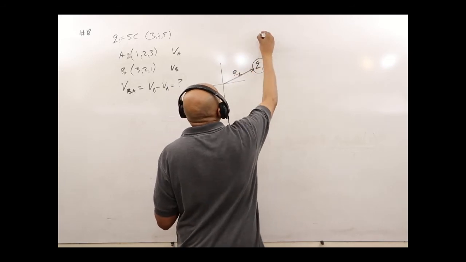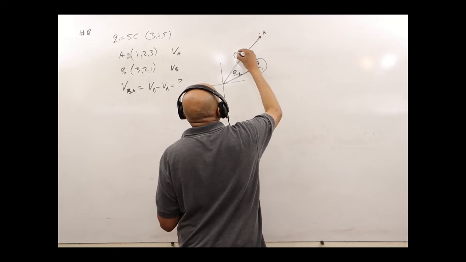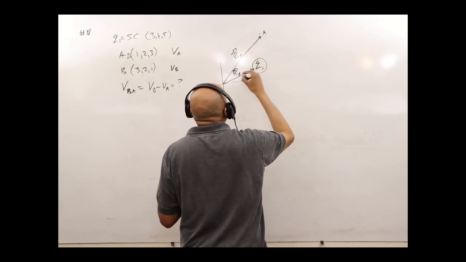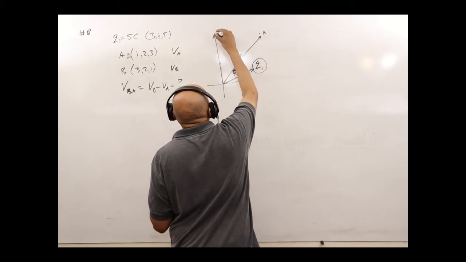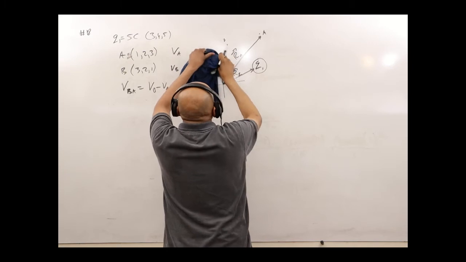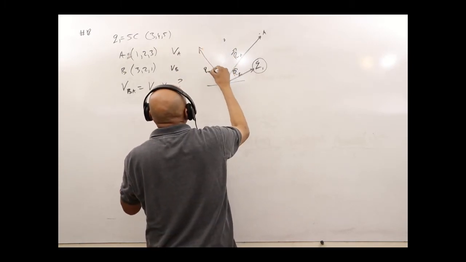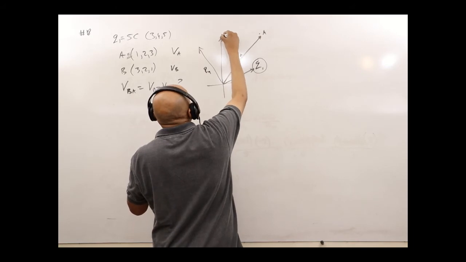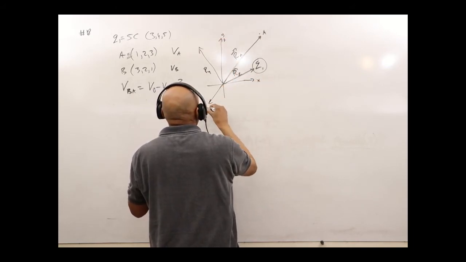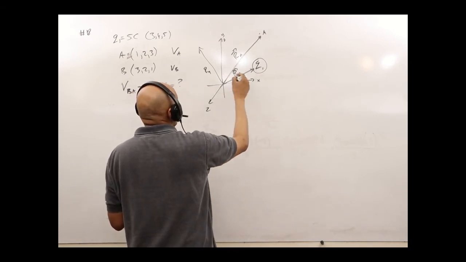Then we have a point A with position vector RA, and another position vector RB. Here's our y-axis, x-axis, and z-axis.